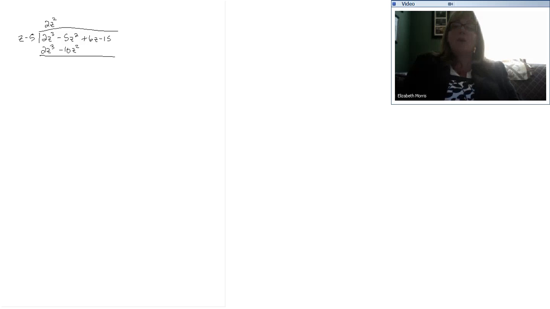Now, we are subtracting, so we have to change the signs. Those cancel out, and this brings down, combined gives me 5z squared, because positive 10 and negative 5, and then you bring down the rest. Start all over. 5z times z gives me 5z squared. 5z times negative 5 gives me negative 25z.